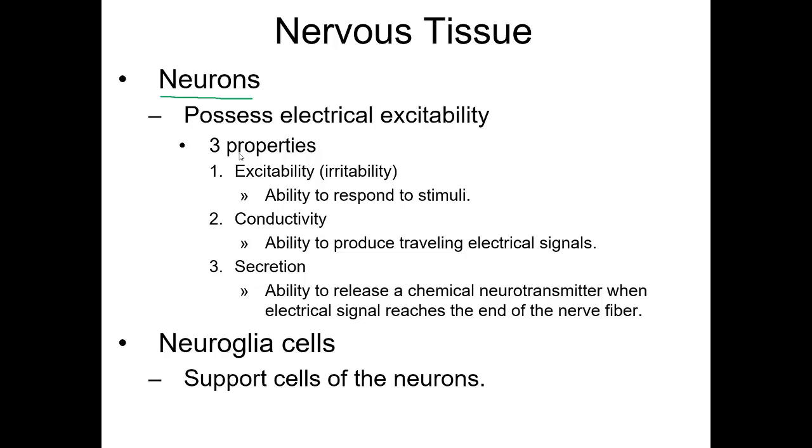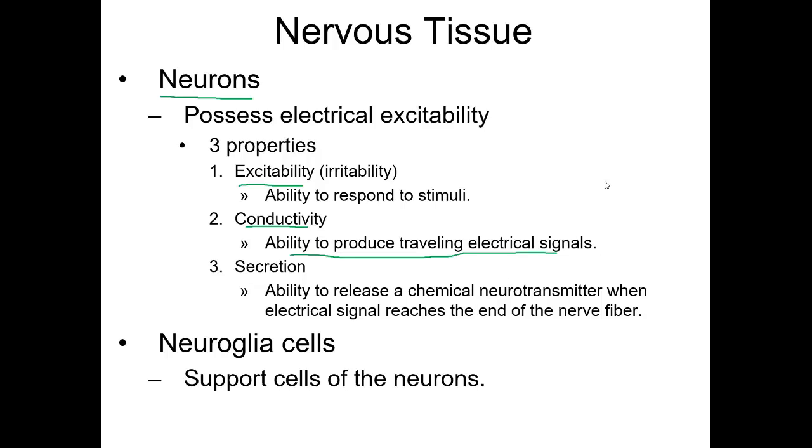It responds to stimulus. It can generate action potential. It can produce electrical signals. 2, it can conduct electrical signals. It can transmit electrical signals through the length of itself.